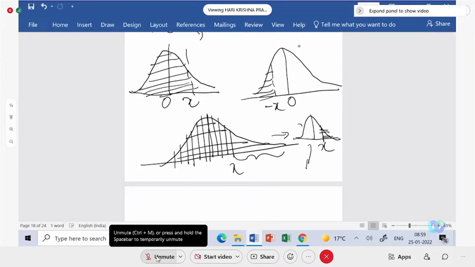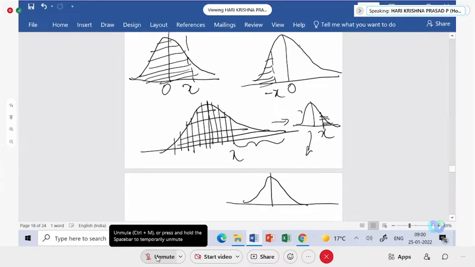From this, what I conclude is, because the density function is an even function of x, whether you take the area under the density function from x onwards to infinity or from minus infinity to minus x, it is the same. These two areas are the same because of even symmetry.